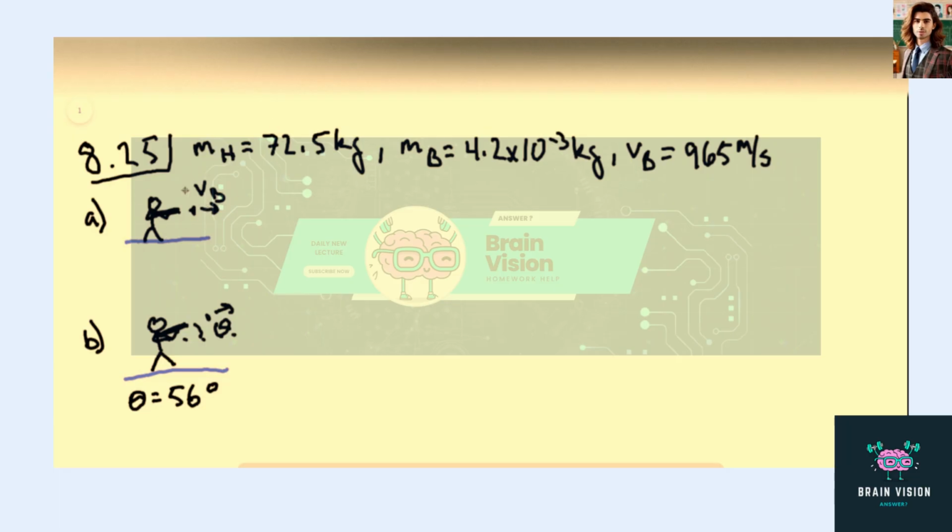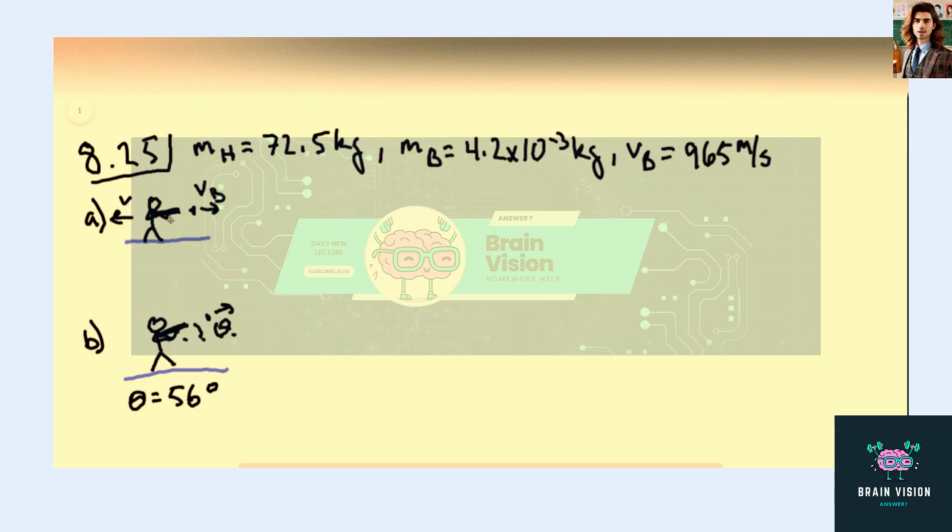And we're first asked what is his velocity from the recoil from firing the bullet when he's holding the gun horizontally, and then when he's holding it at a 56-degree angle. So now, in both of these cases, the horizontal component of the momentum is going to be conserved.